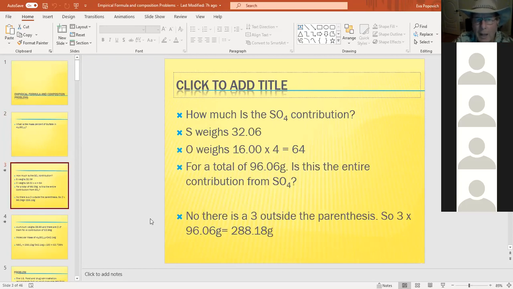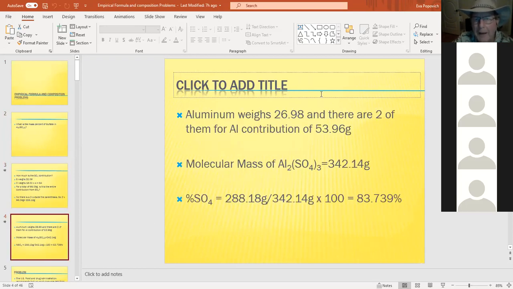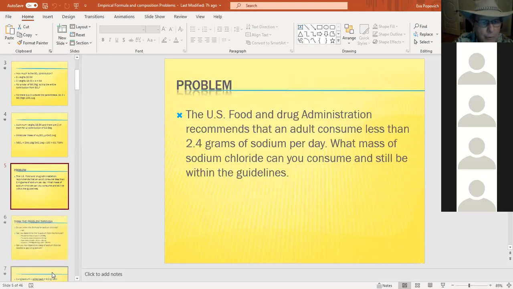So I have to multiply my 2 aluminums. 2 times 26.98, that is aluminum's contribution. So I add the 53.96 to the 288.18. I get 342.14. And it simply becomes a matter of dividing the sulfate contribution by the total. Aren't you lucky I gave you an easy question, Rebecca? Very.